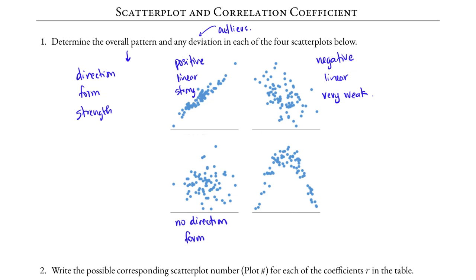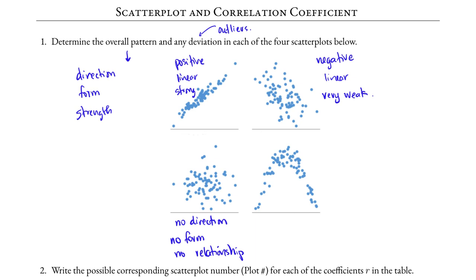We can't really generally go up or go down. It doesn't fit any non-linear graph such as parabolic or exponential. And since we can't figure out the form, we would say that there is no relationship at all. Not only is there no linear relationship, but there is no other relationship.